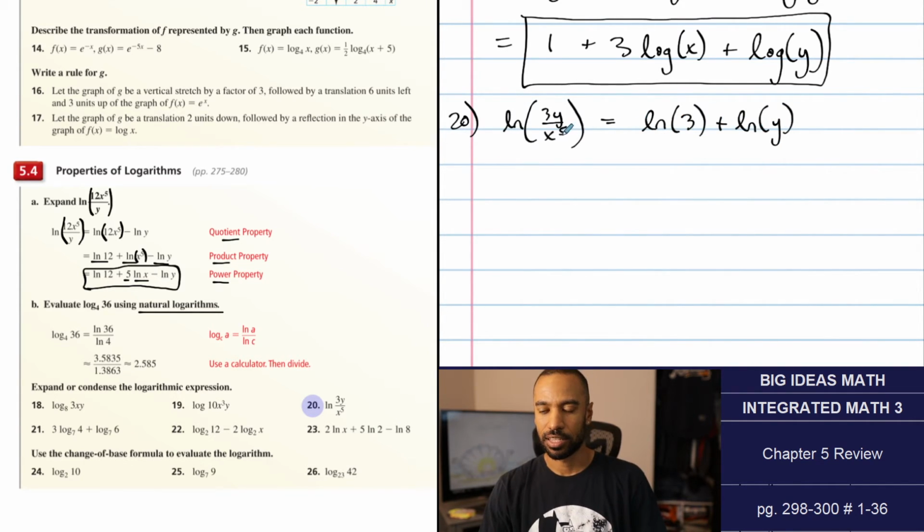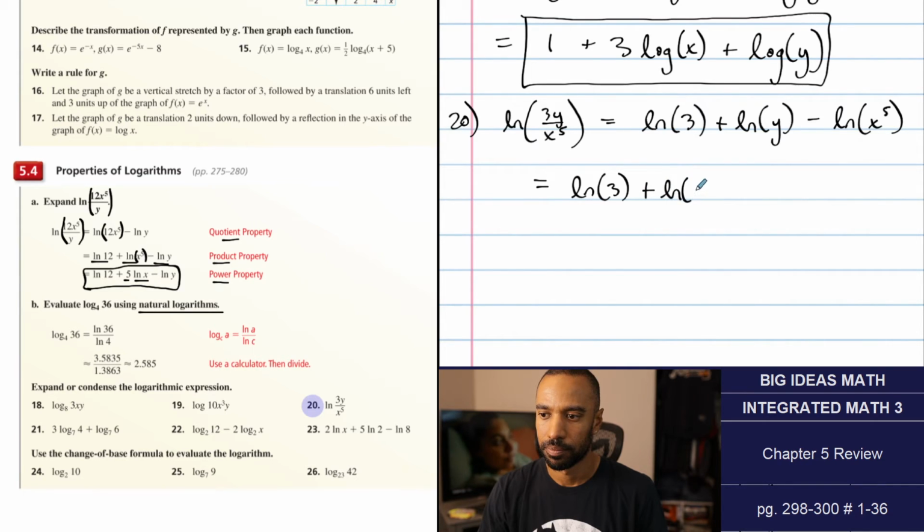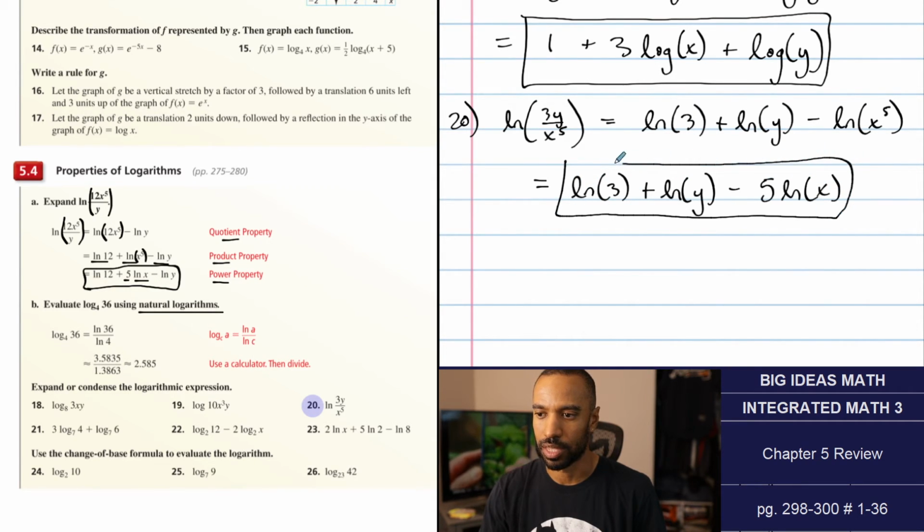We are dividing the x to the 5th, so that'll result in the subtraction of those logs. So we subtract natural log of x to the 5th from those other two. I can't evaluate these further, but this 5 can pull out in front of this natural log just like it did in the other problem. So this will be natural log of 3 plus natural log of y minus 5 times the natural log of x. So like I said, it's a lot like the example problem, but just with kind of shuffling around of numbers and such.